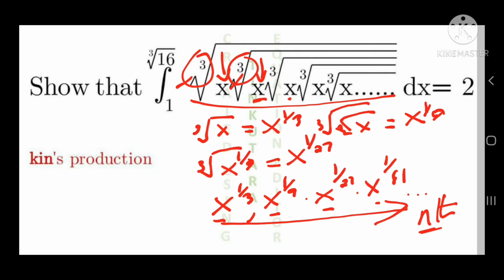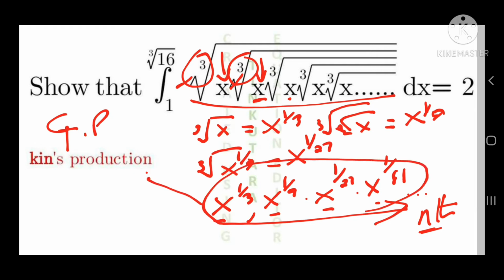Is that clear? So if it's an nth term up to infinity, and the powers are following a geometric progression, the powers are following a GP, that means multiplying all the terms we'll get a term which will be x exponent n, and the n is in geometric progression.